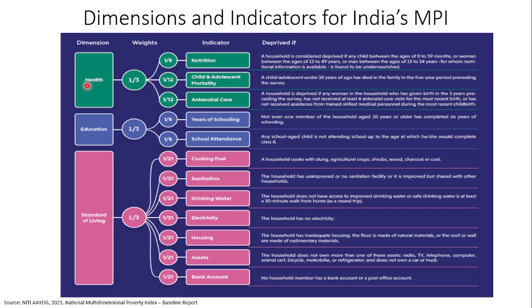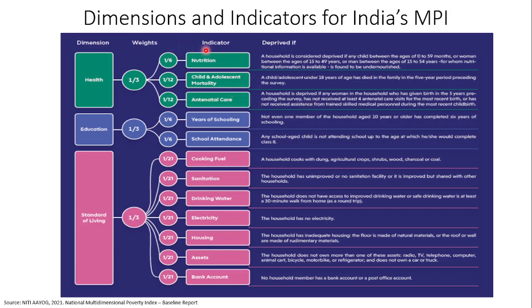Each dimension is given a weight of one third. 1/3 plus 1/3 plus 1/3 adds up to 1. So you measure the indicator and multiply it by the weight, then do it for all indicators and add them up. That gives you a final weighted score.